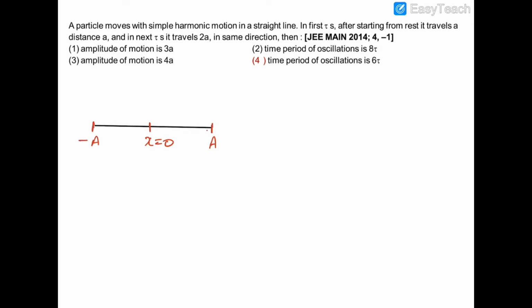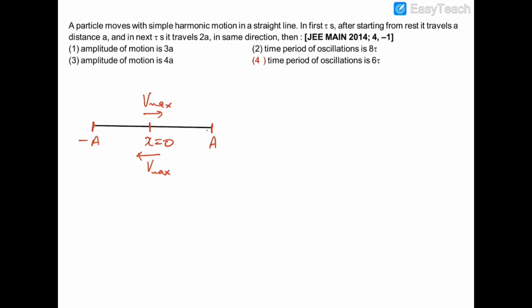So we know that whenever the particle is passing through the mean position, its velocity is maximum, irrespective of whether it is passing through the mean position for the first time, the second time, or the nth time.